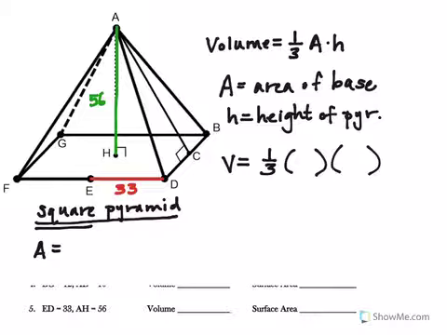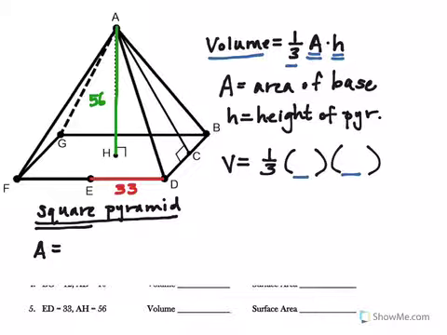So here is the volume. We'll solve for volume first. The formula: the volume is 1/3 of the area of the base times the height of the pyramid. So a simple plug and chug. Once we solve for area and height, plug those in, multiply them all together, and we have our volume.